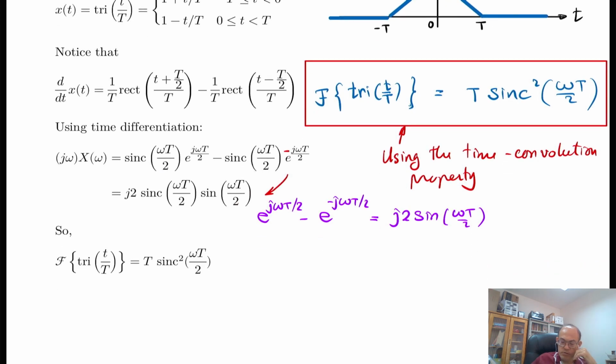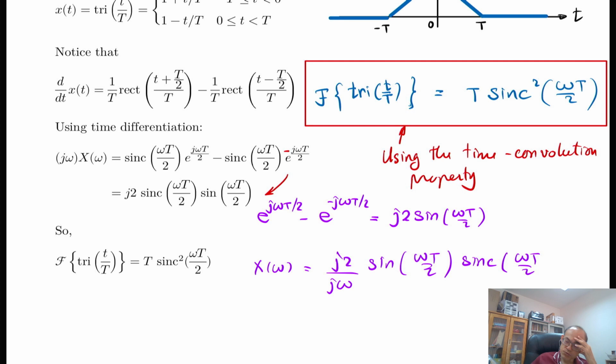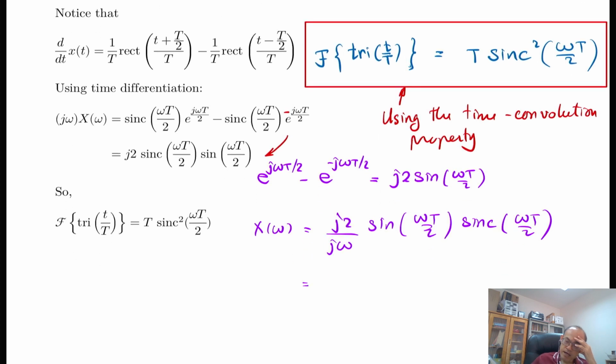Okay, and then to go from here to here, I bring j omega down across to the right, right? So I have X of omega equal to j2 over j omega, sine of omega T over 2, and sinc of omega T over 2. And then the j's would cancel, all right?